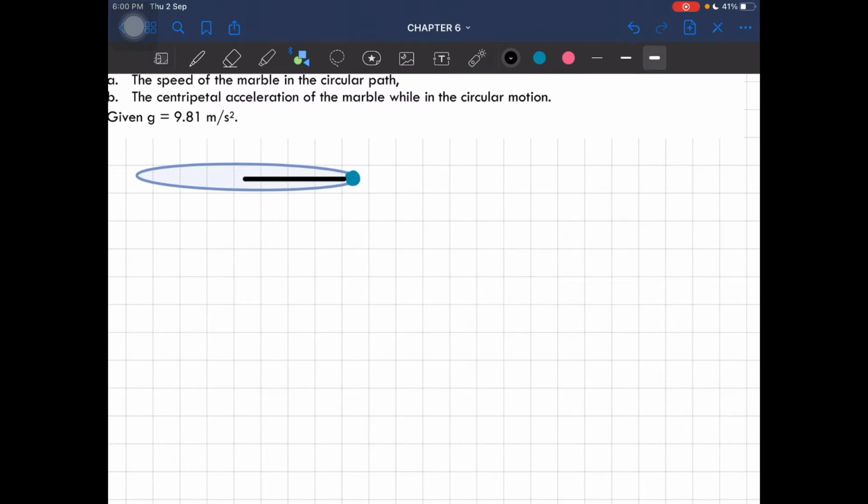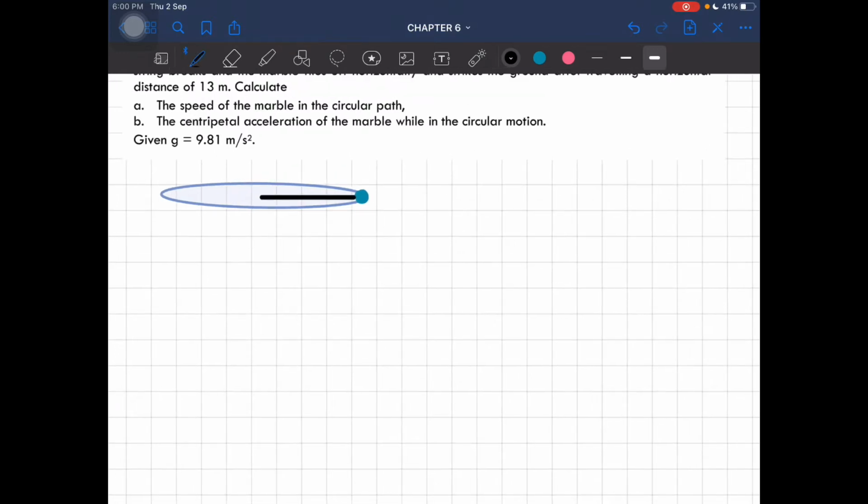And then it is moving with a velocity. Let's assume the velocity is there. I'm just going to write it as u. U or v, it's up to you, but now I'm going to write it as u.